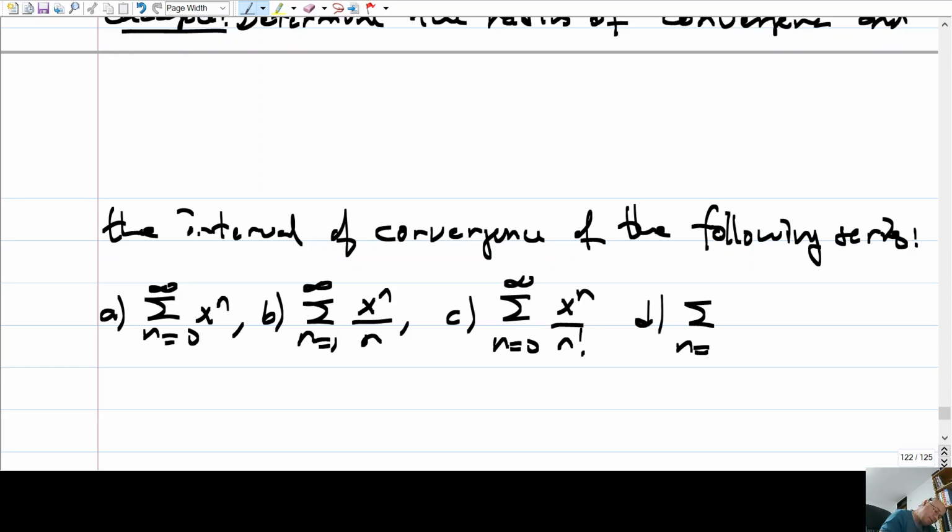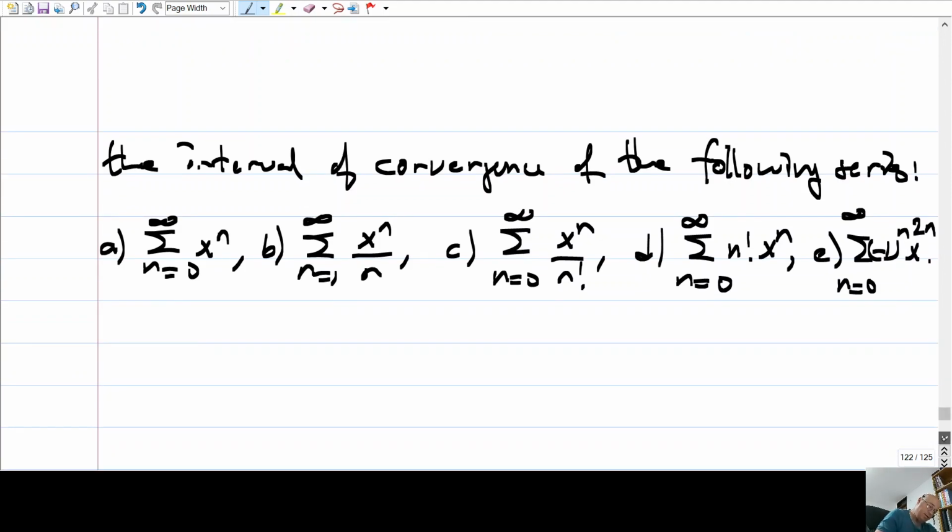And okay, the sum of 1 over n factorial times x to the power n, and e is the sum from 0 to infinity of minus 1 to the power n x to the power 2n. Sorry. Yeah. Okay.